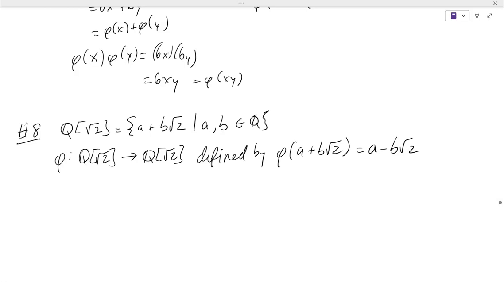And we're going to define it by taking a plus b root 2 to the element a minus b root 2, taking it to its conjugate. And we're going to show that this really is an isomorphism.